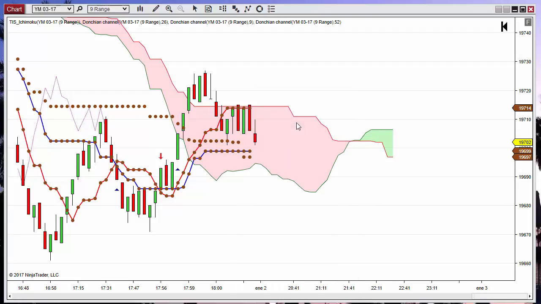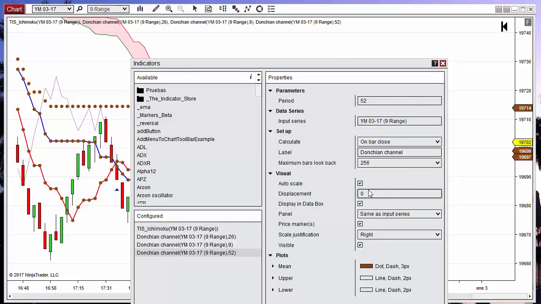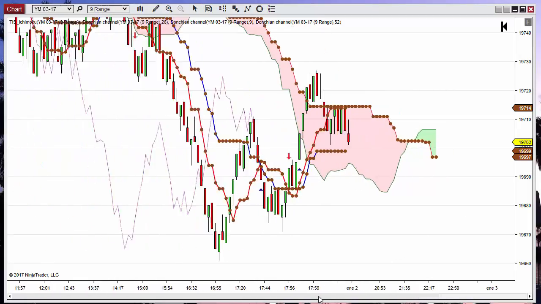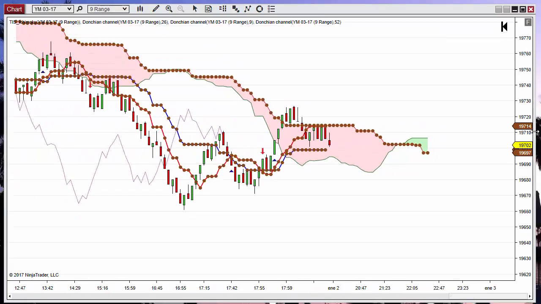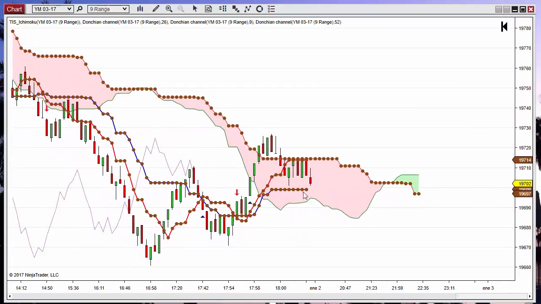If we go again to the indicator, all indicators have a displacement parameter, and here we must displace the Donchian half of the size of the period. So we move it 26 bars to the right, and now we can see that this line matches with one of the sides of the cloud.